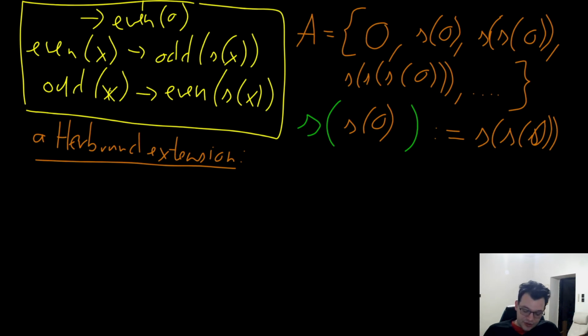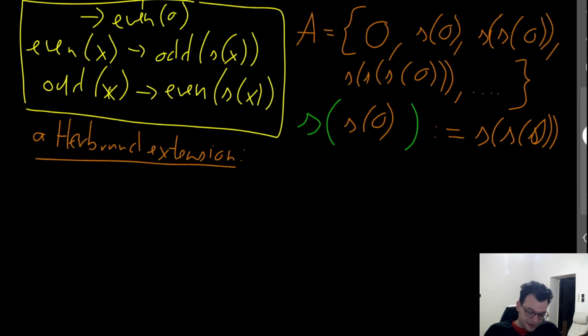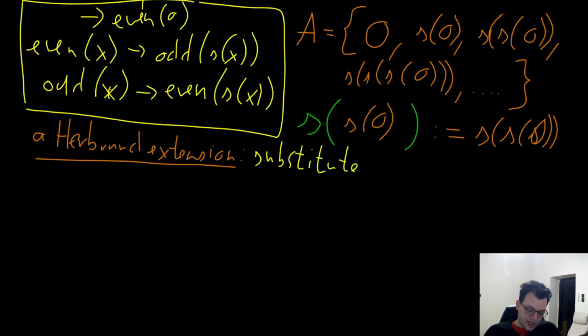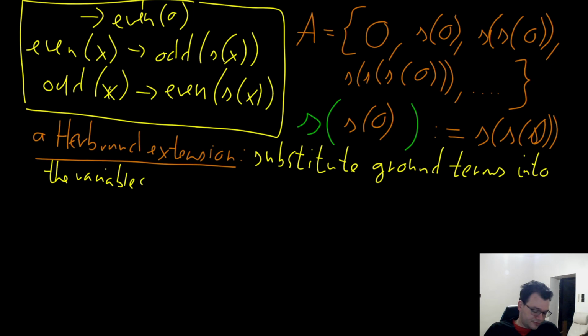So for the Herbrand expansion, you just substitute ground terms into the variables of the program P, in all possible ways.